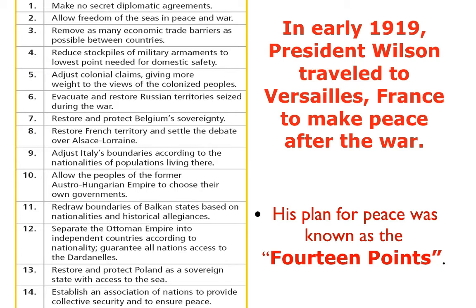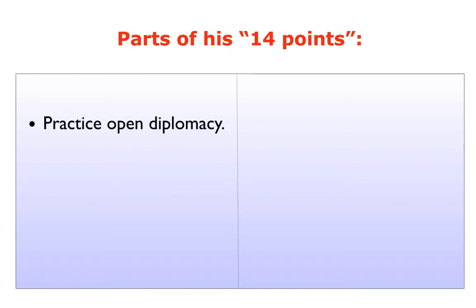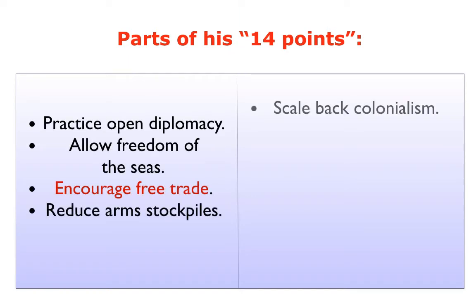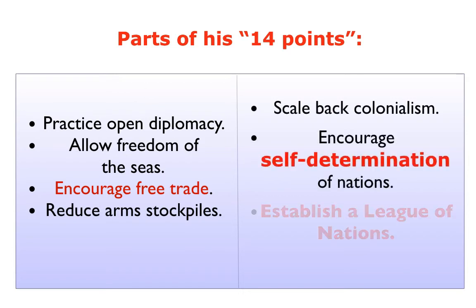If we look at the next slide, the most important points in his 14 points are that he wanted countries to reduce their militaries. He wanted countries to trade with each other, because he thought countries that trade together don't fight each other. He thought there should be no secret alliances, and that countries should scale back colonialism so they wouldn't be fighting over colonies.